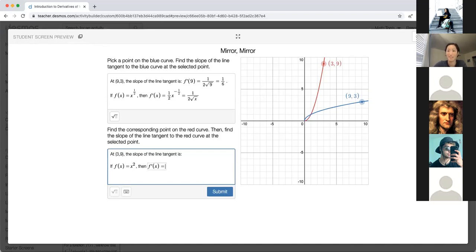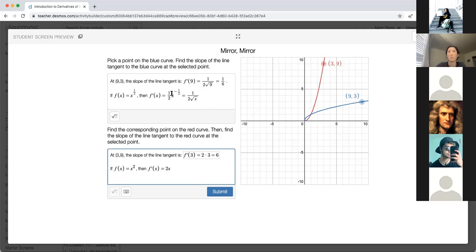What's f prime of x? 2x. There we go. Okay, so if I want to find the slope of the line tangent, I'm going to say f prime of 3, which will give me 2 times 3, which gives me 6.